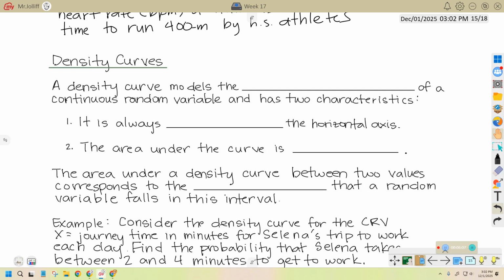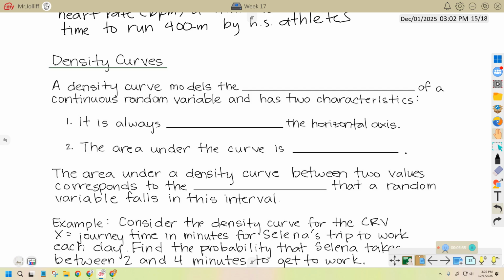For continuous distributions, because they can take on an infinite number of values between two endpoints, I can't use a table to do that, and I can't use a histogram really to do that. So what we use for continuous random variables to define their probability distribution is usually a density curve and a function that describes that smooth curve.